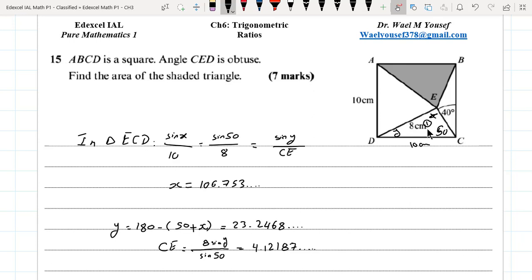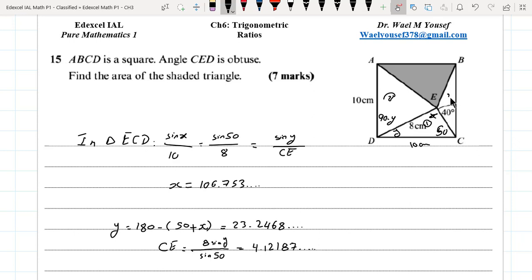Now for the first triangle here, I can give the area, which will be half times 10 times 8 times sine y. And for the second triangle, I can give the area as half times 10 times 8 also times sine 90 minus y.